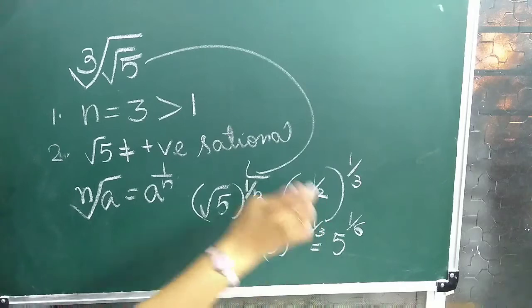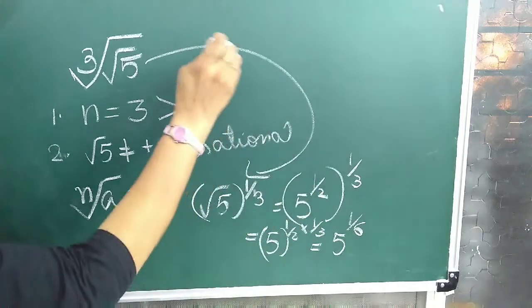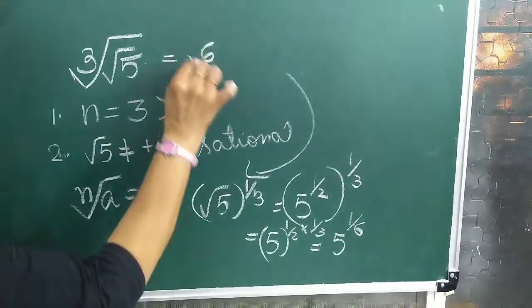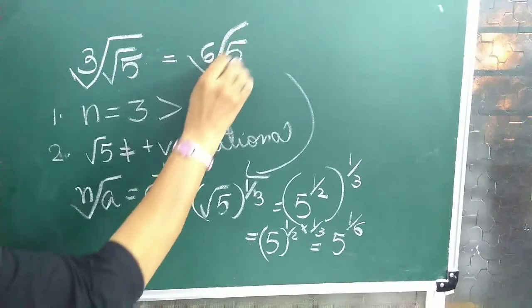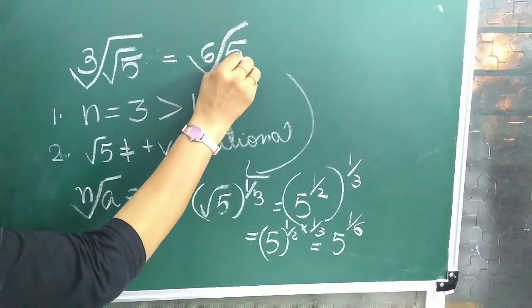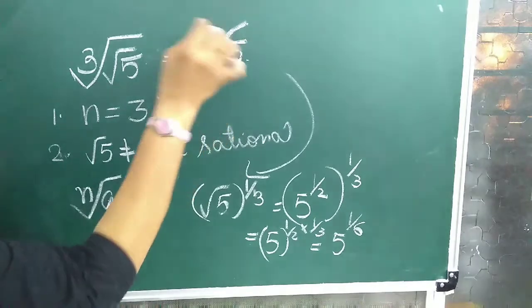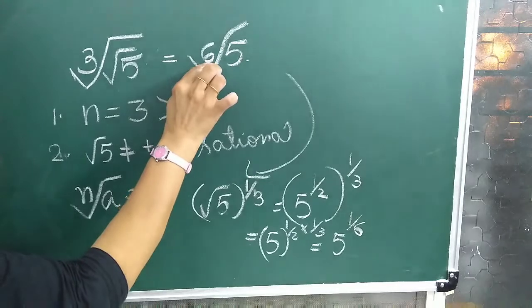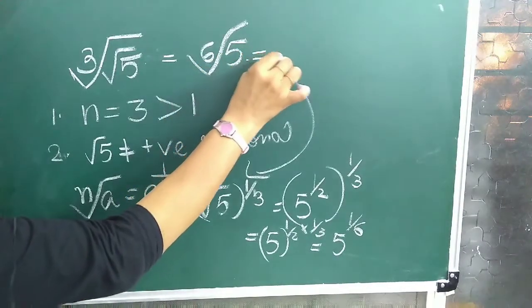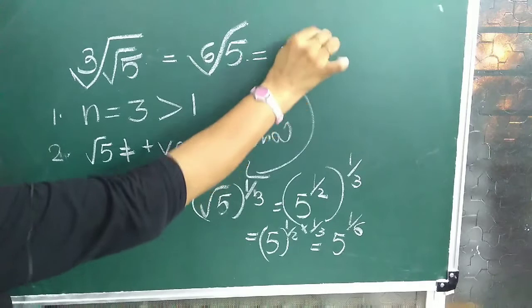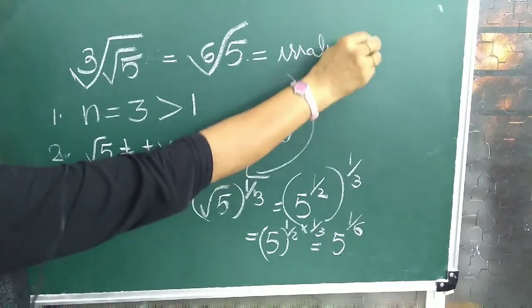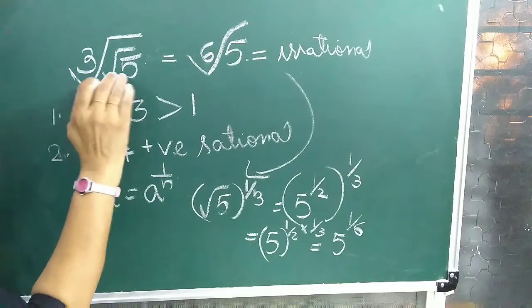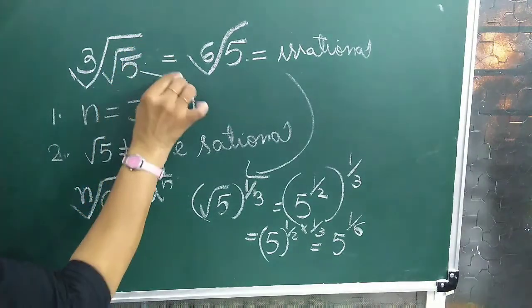And we know this 5 to the power 1 upon 6 can be written as sixth root of 5. Now this 5 is a rational number and the order is greater than 1 and the value of this is an irrational number. Therefore, third root of root 5 is a surd.